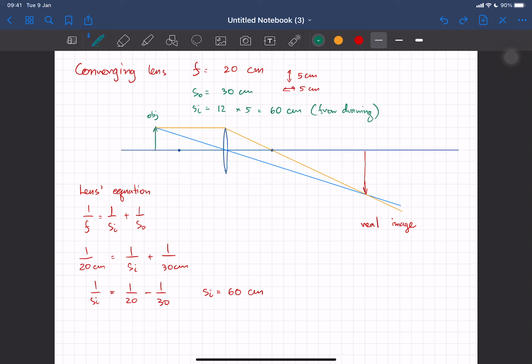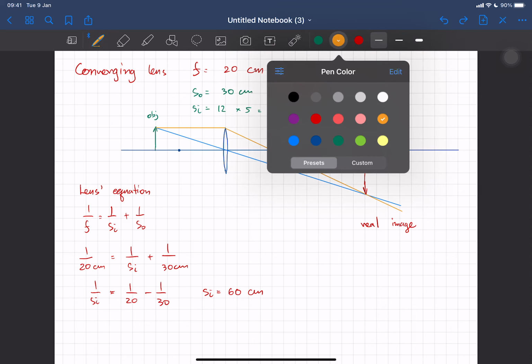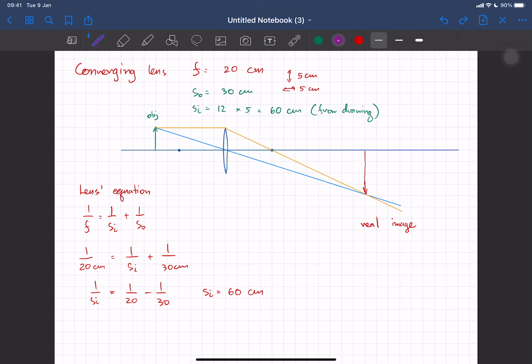If you want, you can add a third light ray to draw. The reason why we put a focal point on the other side of the lens also is because you can also have light going through the focal point of the lens. I'm not sure if that's going to be good enough here.